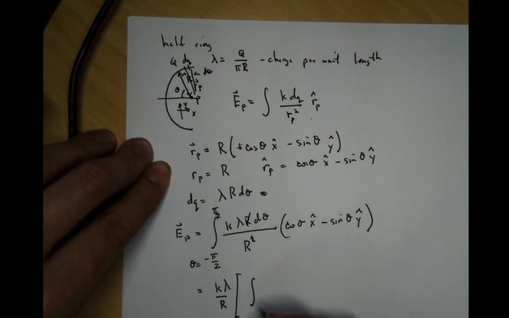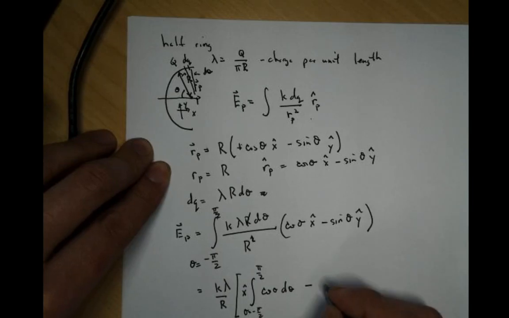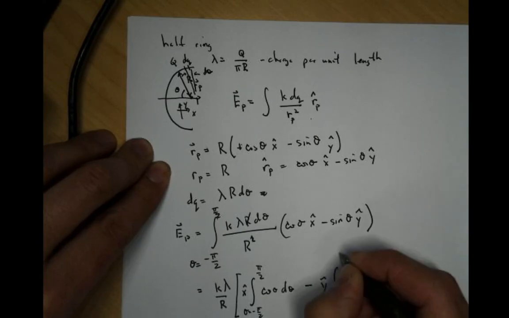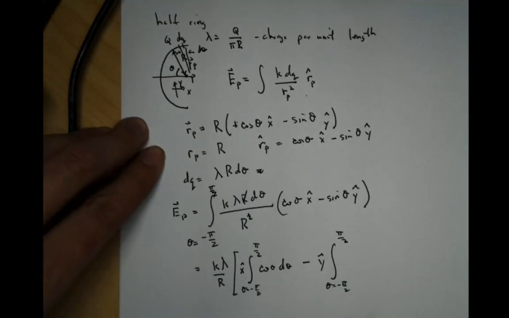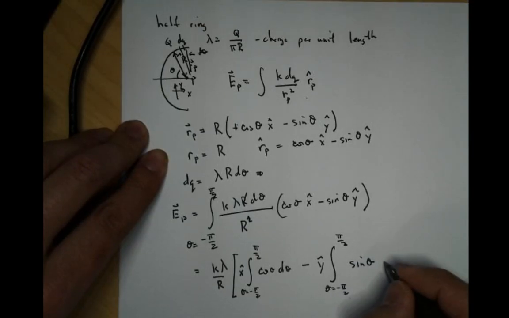Integral 1 is cosine theta d theta in the x hat direction, from theta equals minus pi over 2 to pi over 2. The second one is minus y hat times the integral from minus pi over 2 to pi over 2 of sine theta d theta.